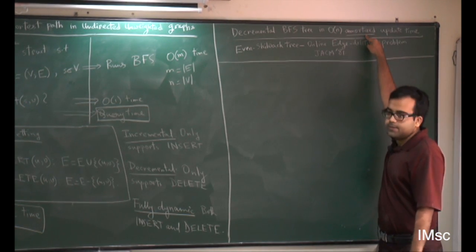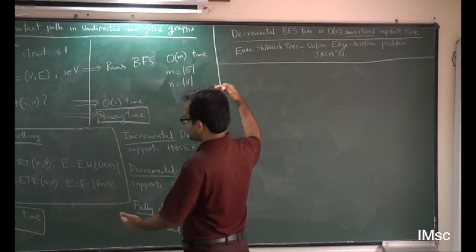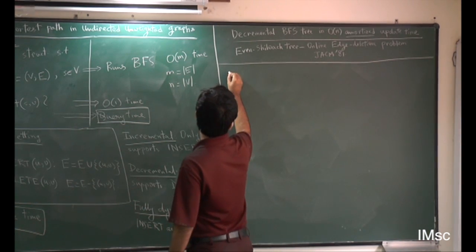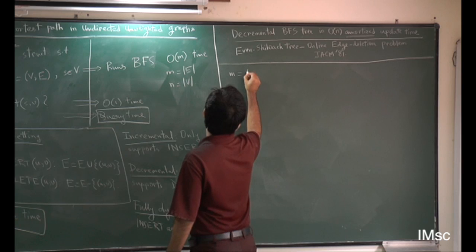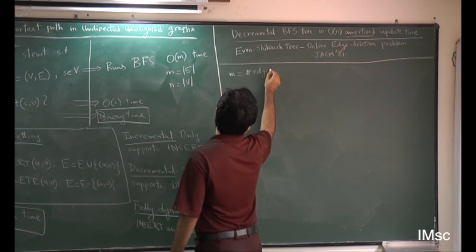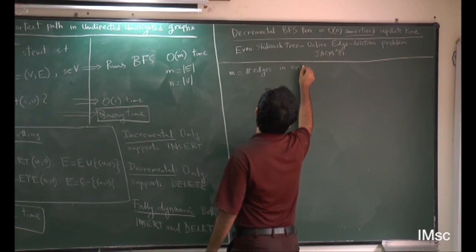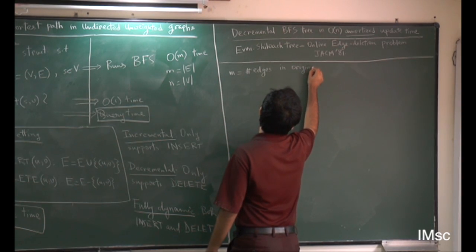It means on average. So, you start with a graph, since it is a decremental setting, edges will only get deleted. So, let m be the number of edges in the original graph or initial graph, whatever you say.